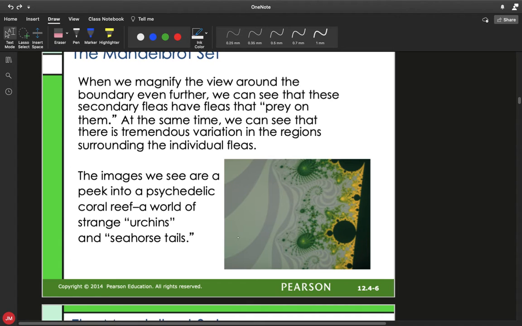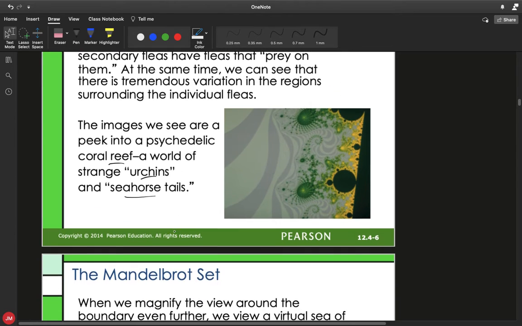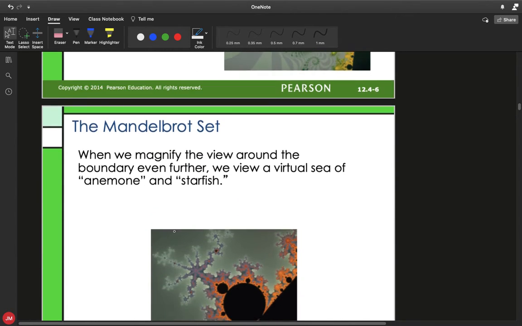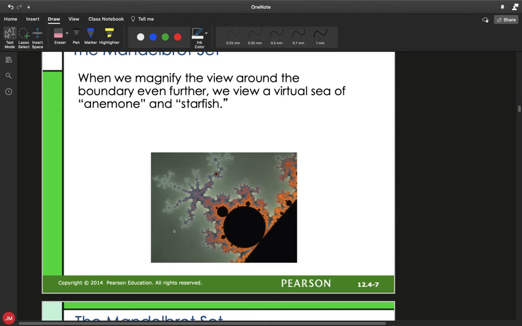You can almost think of them as being part of maybe like the coral reef, at least as far as what the textbook refers to it as, where you've got these urchins, some seahorse tails, and especially the seahorse tails that we'll see in the next couple of slides become a little bit more obvious and interesting. So let's zoom in even further. And as we do so, notice that now we've got even more stuff that we could talk about.